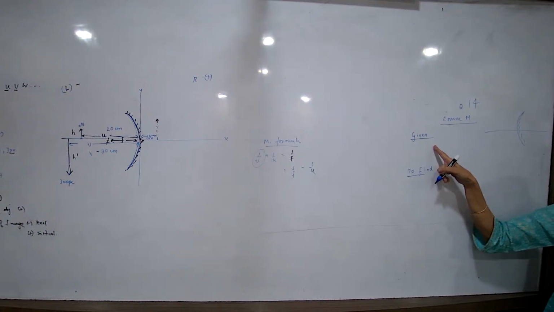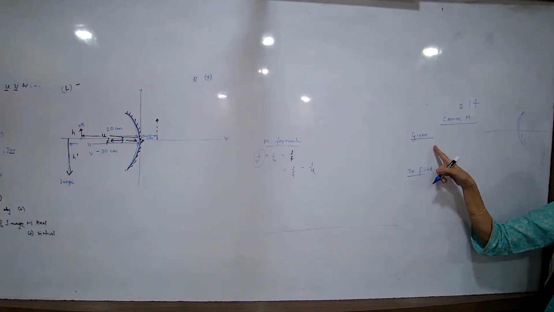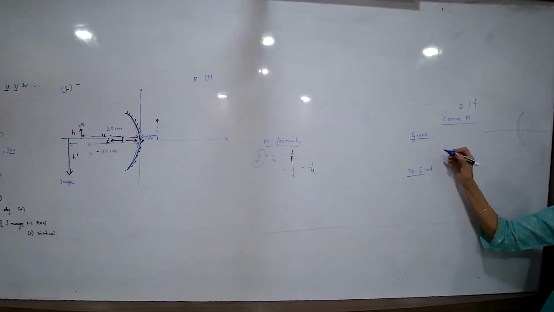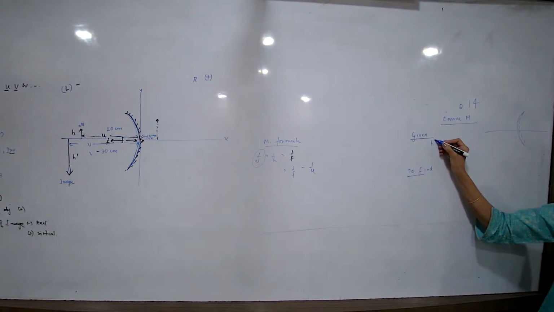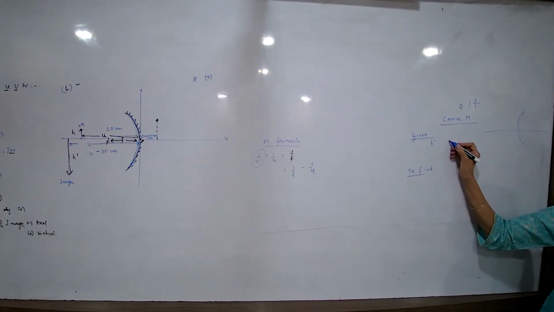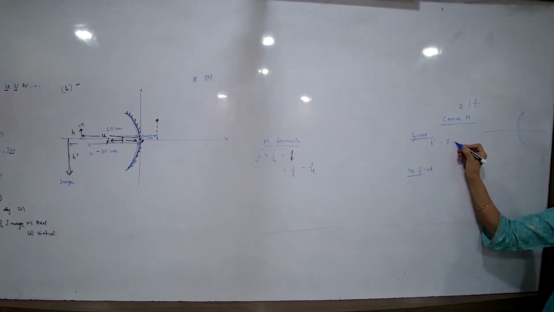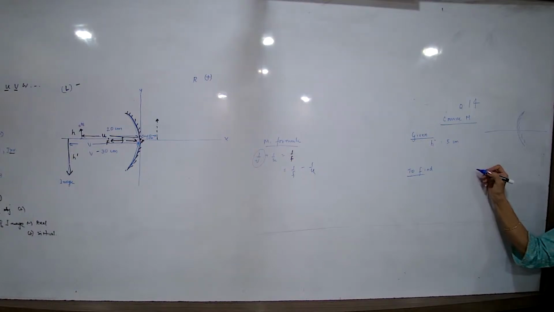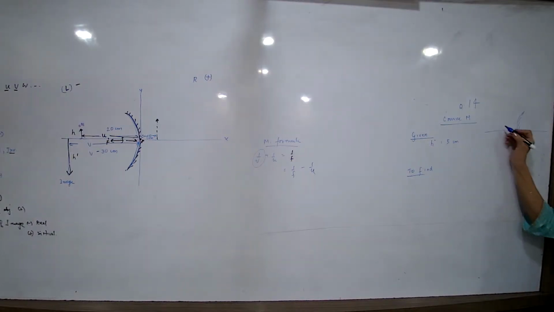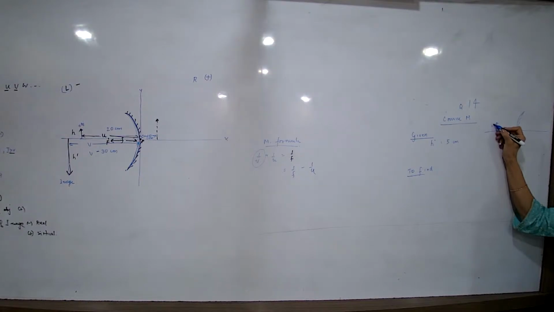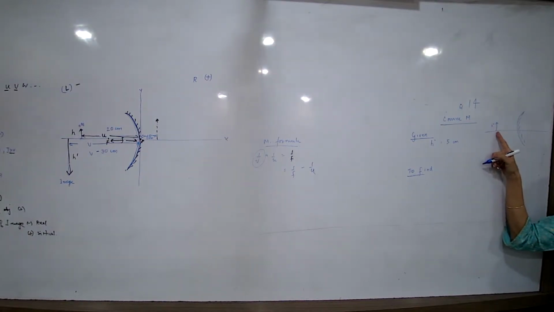So what should I write it as? What alphabet? Yes, height of the object is given. h o is how much? Very good. And where will it be kept? On this side. So can I draw like this? And this is the height and this is 5 centimeter. So will it be positive or negative? Negative.